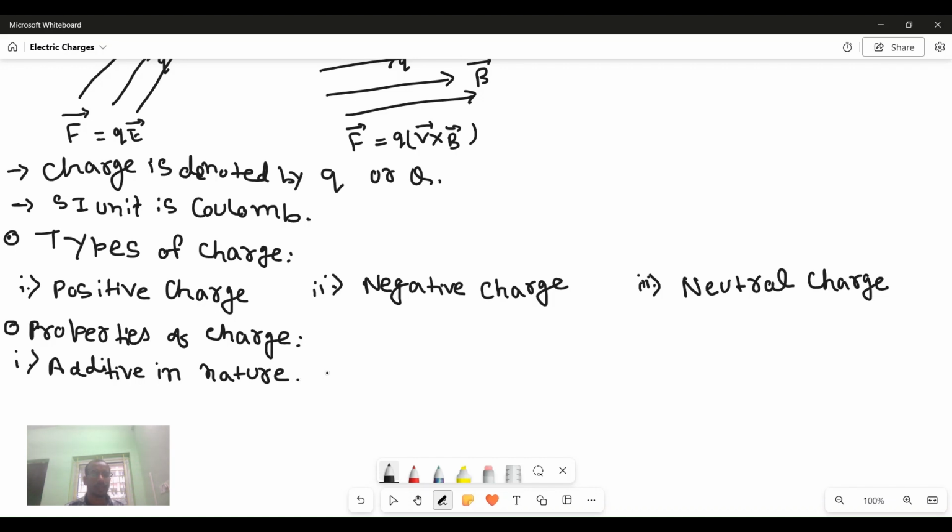This is because it is a scalar quantity. So let's take an example. If the charges are plus 2 and minus 1, then the net charge on the body is 1 coulomb.